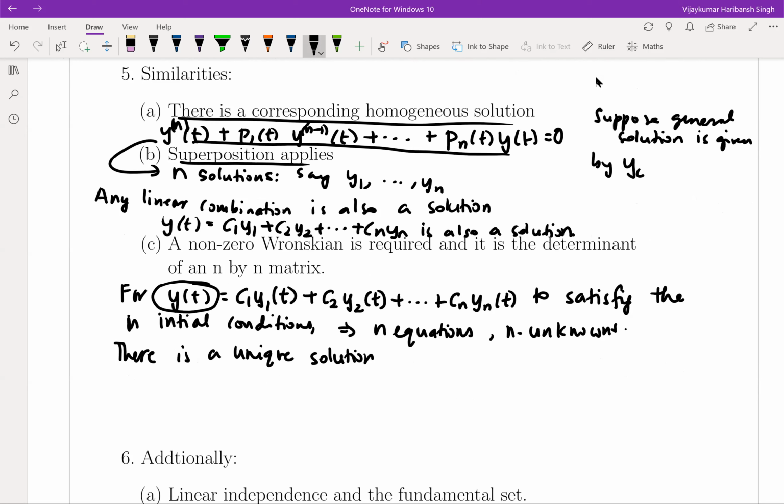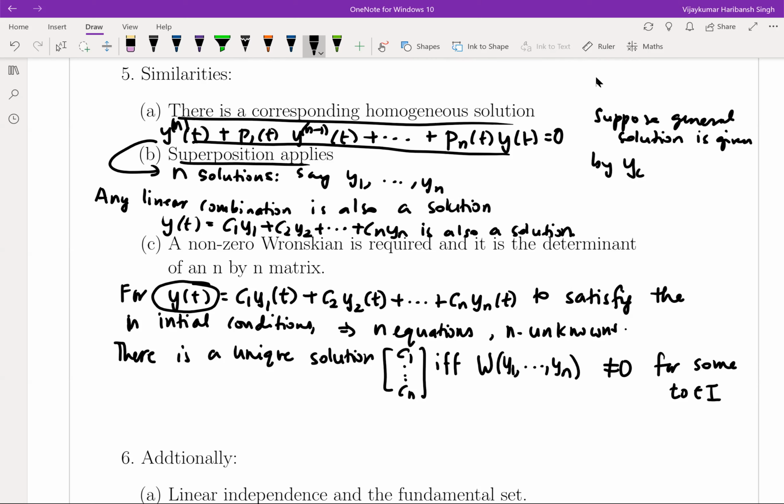So there is a unique solution c1 to cn if and only if the Wronskian is non-zero for some t naught belonging to I.